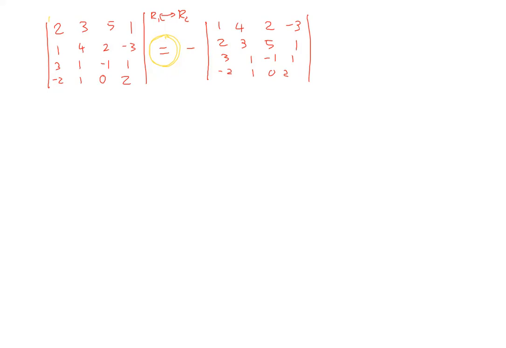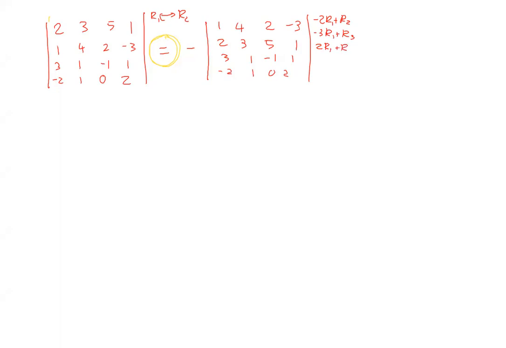Now, I'm going to eliminate all the entries below 1, which is now my pivot, right? How do I do this? Row operations. And remember, row operations in case of determinant don't change the value. So it's going to be -2 row 1 plus row 2, -3 row 1 plus row 3, and 2 row 1 plus row 4.